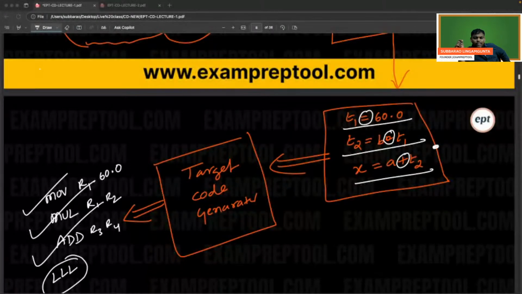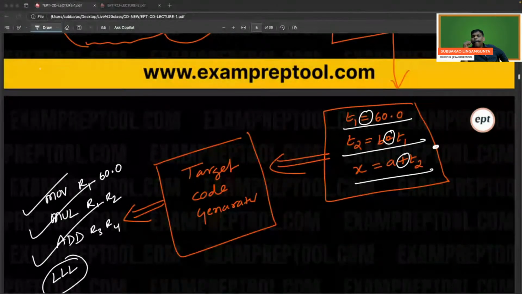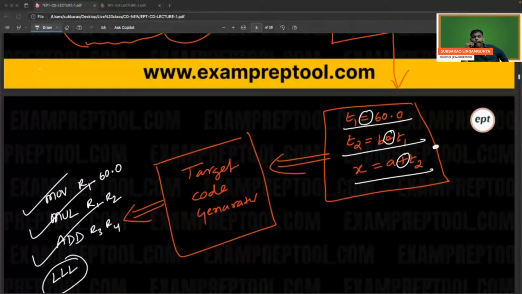Mostly, listen, in the symbol table, types are there or not there?